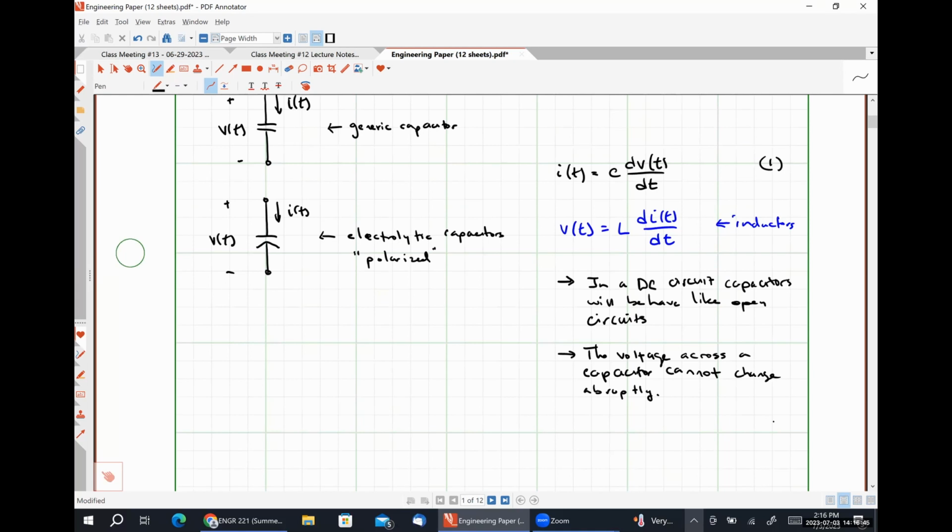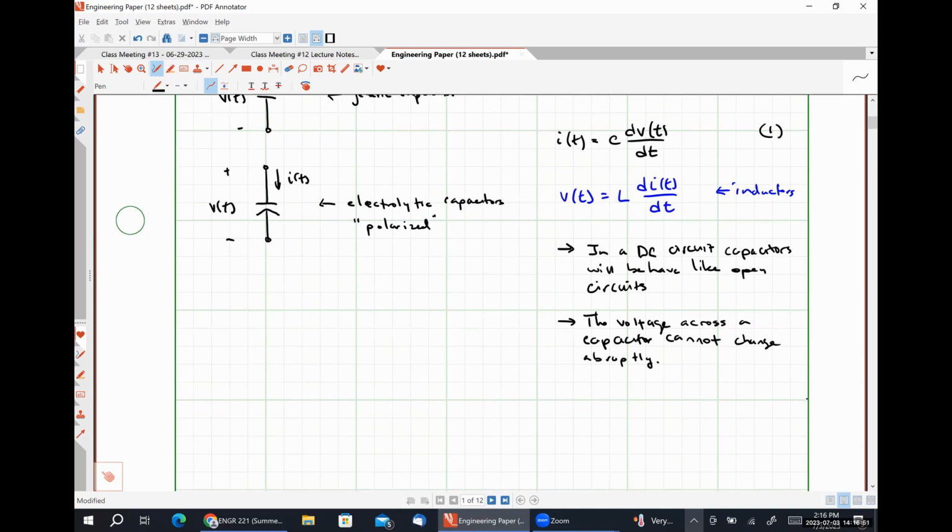So now we're going to take this first relationship, our derivative-based relationship, and mathematically manipulate it a bit. In doing so, we will come up with the following relationship. The voltage drop across a capacitor is equal to 1 over C times the integral from negative infinity to t of the current flowing through the capacitor as a function of time.